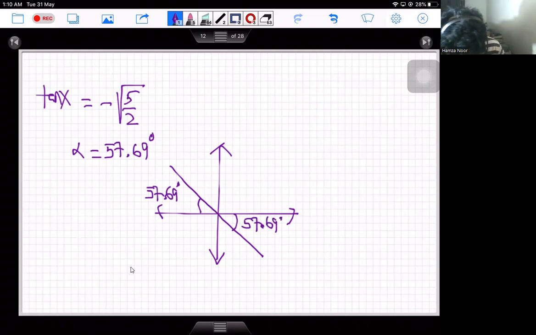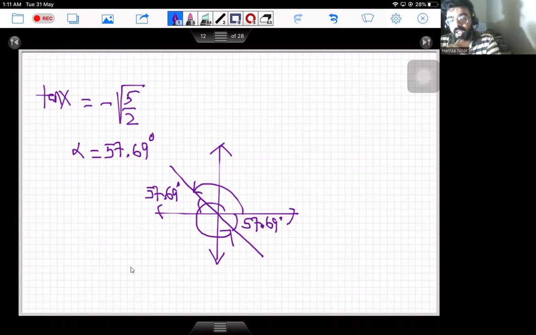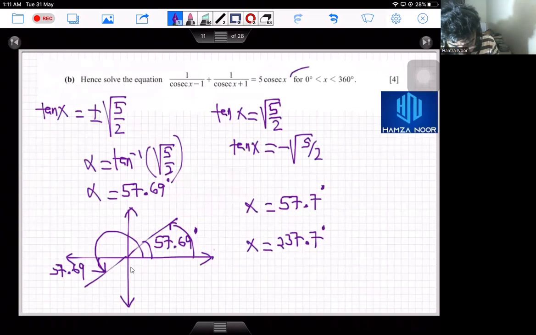In this case, the values of x would be 180 minus 57.69 and 360 minus 57.69. The angles which will be our final answers are those measured from the positive horizontal axis to the slant lines, because in this case all angles are supposed to be positive, so we go in the anti-clockwise direction.